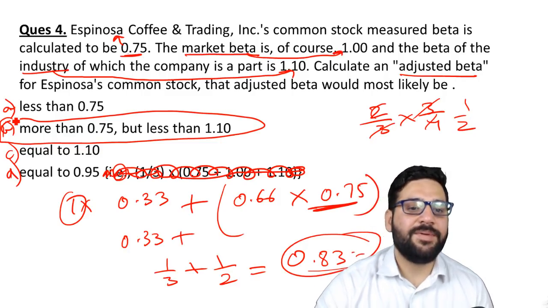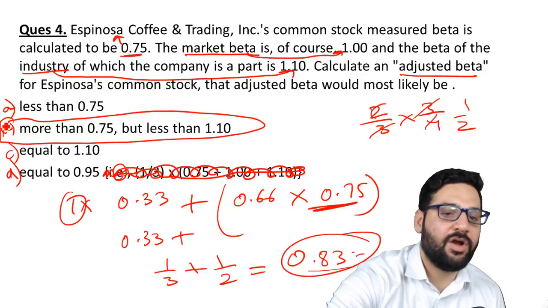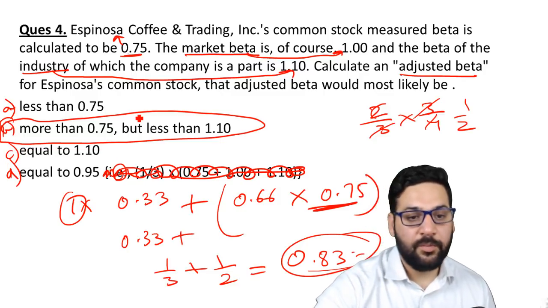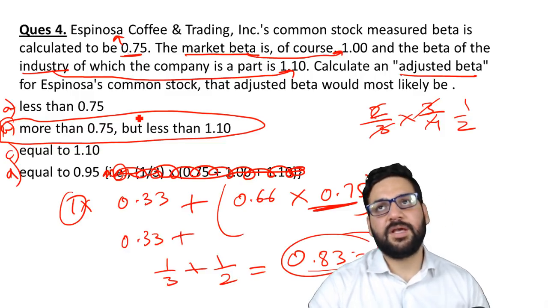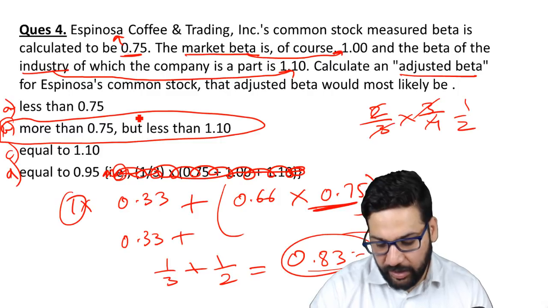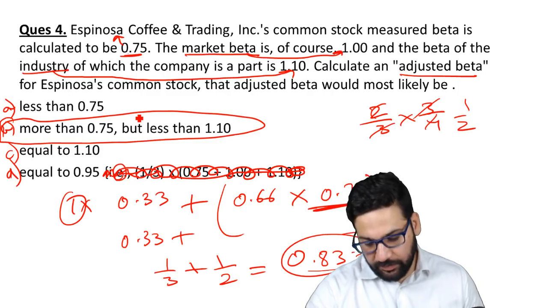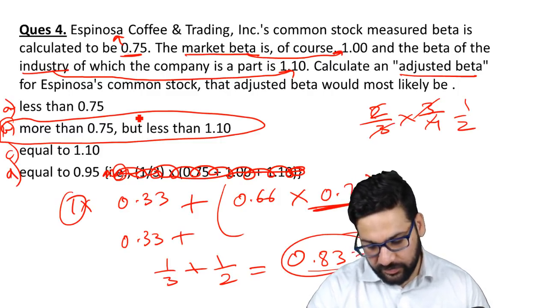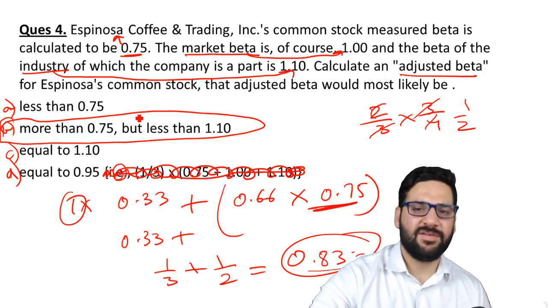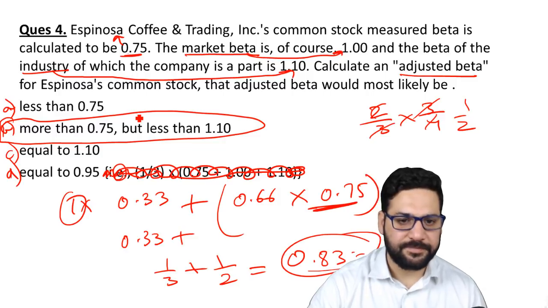So it cannot be exactly 0.75, it cannot be exactly 1.0, it cannot be exactly 0.95, but it varies because there are various formulas to calculate it. I hope you are able to understand, students. Yes, Ashraf, yours was correct. Even MYKY, yours was correct. 0.95 was not correct at all, actually.